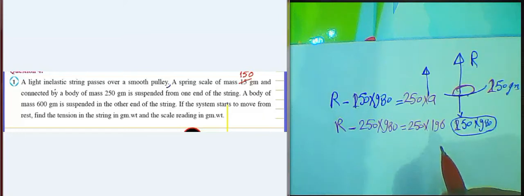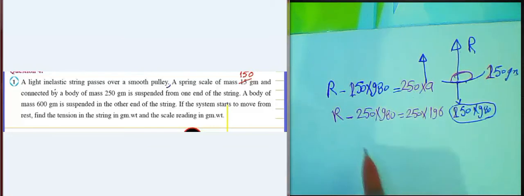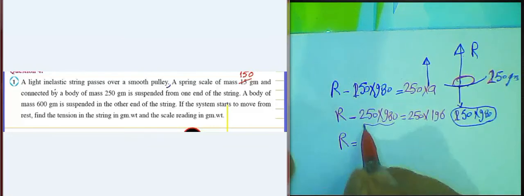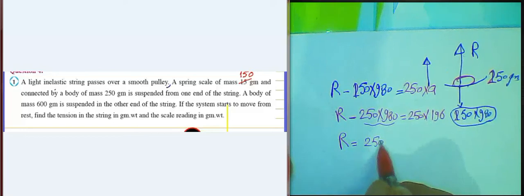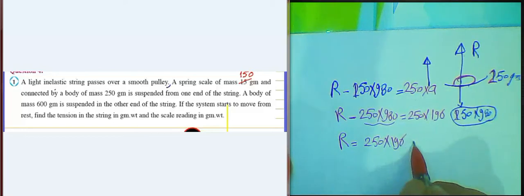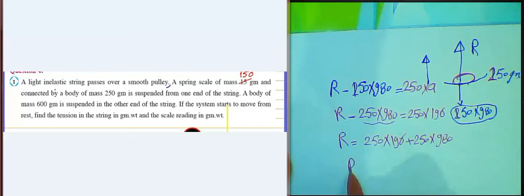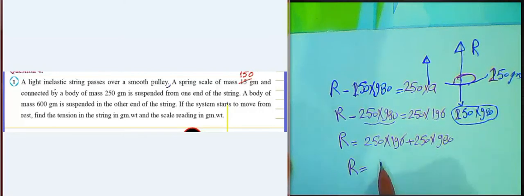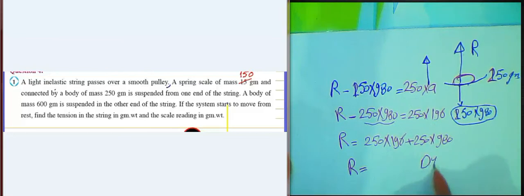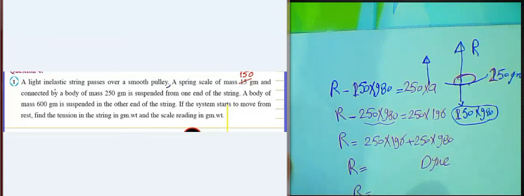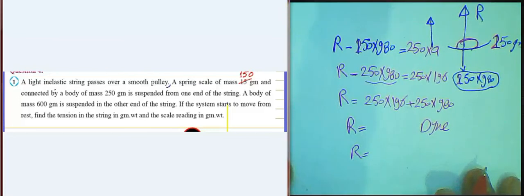196 was the acceleration. So we can move the result here. It will be 250 multiplied by 196 plus 250 multiplied by 980, then R equals the result of all. It will be in dyne, and we must convert from dyne to gram weight by dividing by 980.